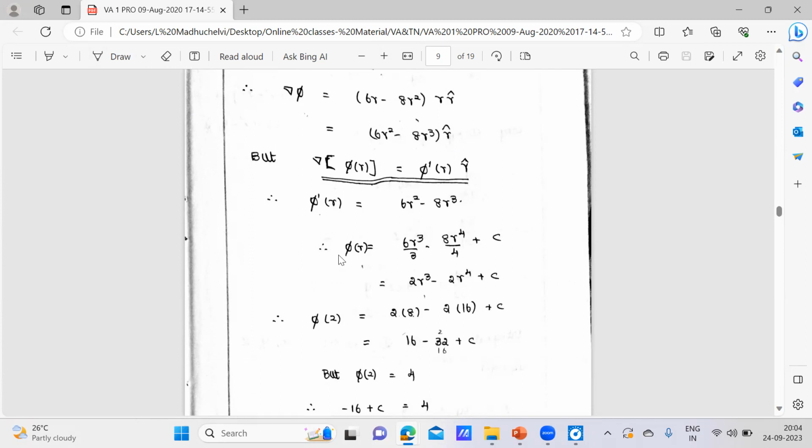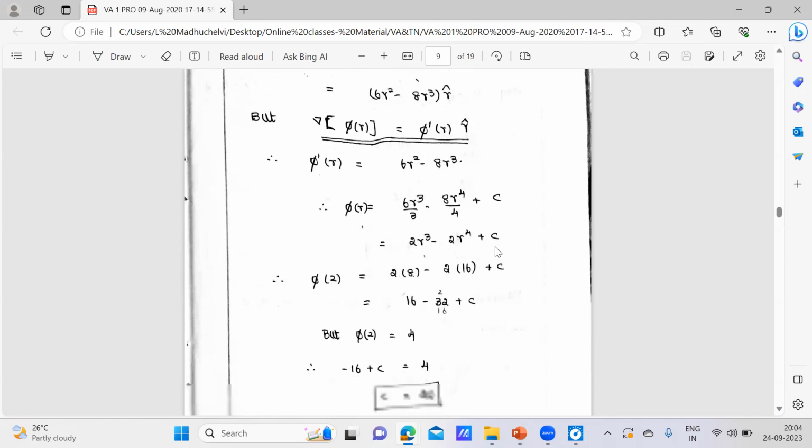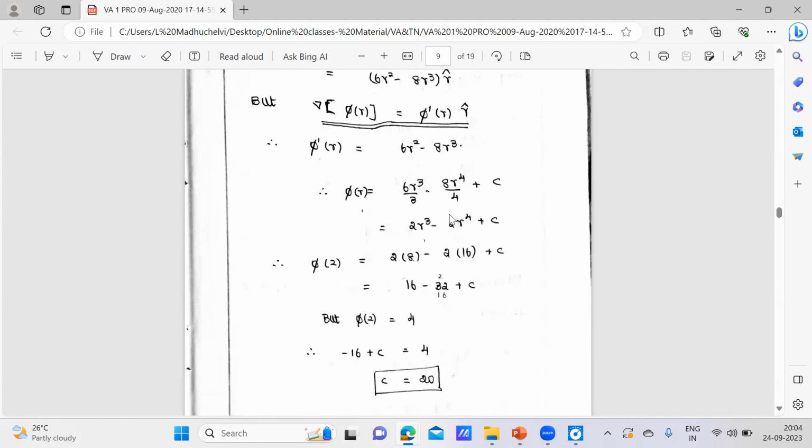So we need phi of r, that is we have to integrate 6r squared minus 8r cubed. We get 6r cubed by 3 minus 8r to the power 4 by 4 plus the integral constant c, that is 2r cubed minus 2r to the power 4 plus c.